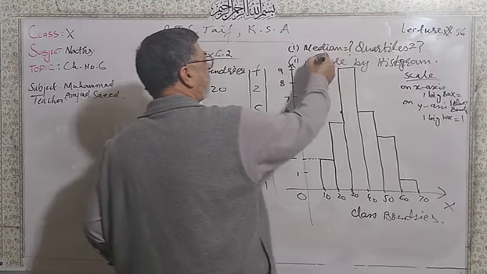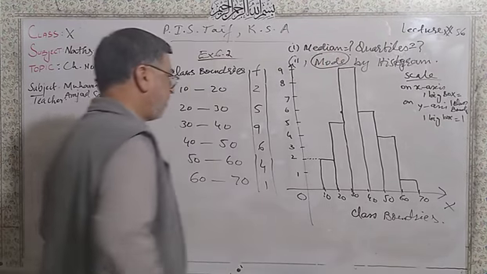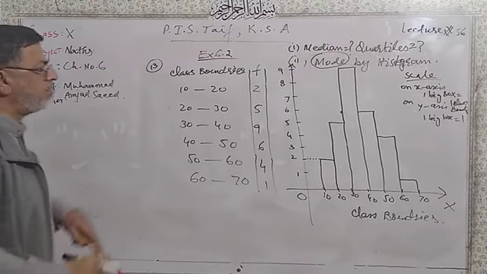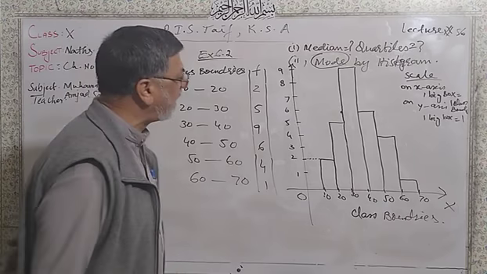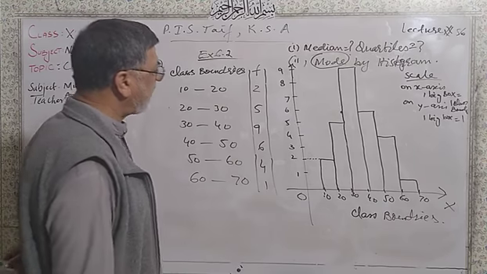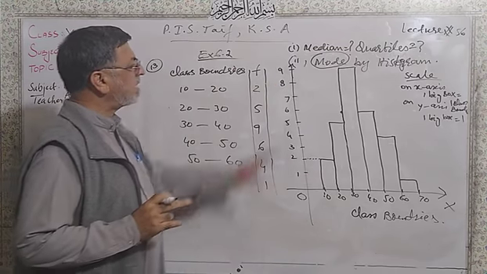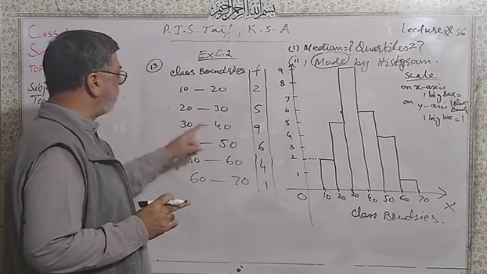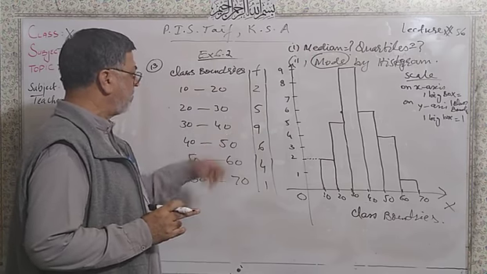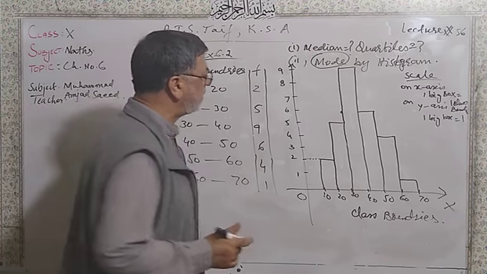We have to find the mode. Now, mode is the most frequent value. It's very easy. Check the central value of the most frequent class. The most frequent class is 9.